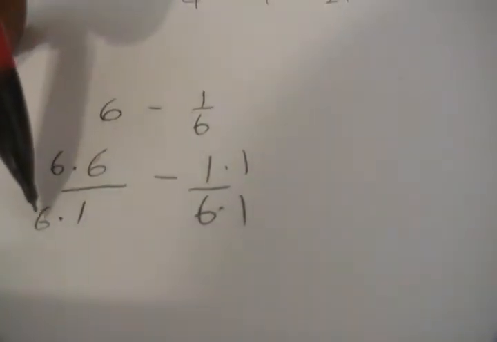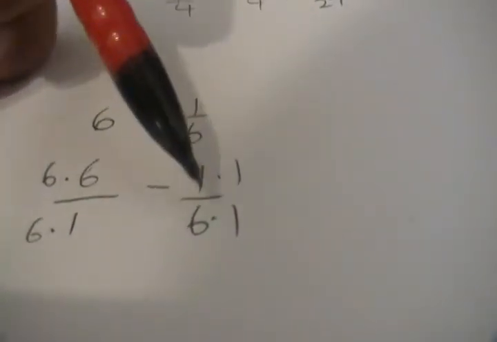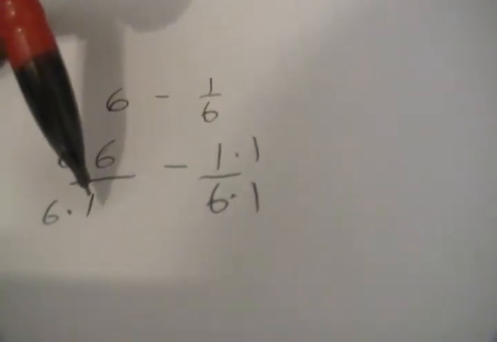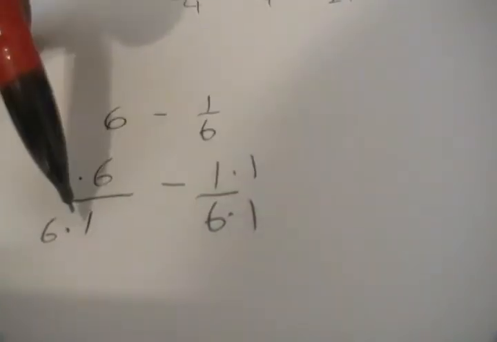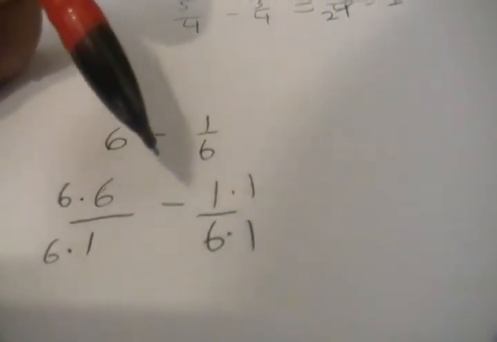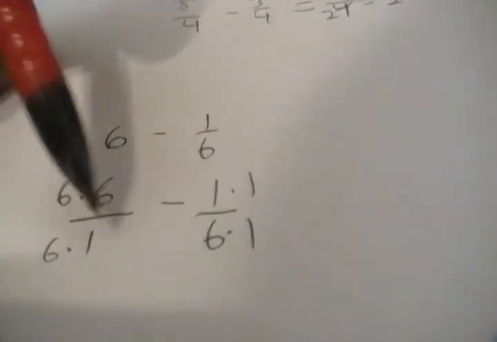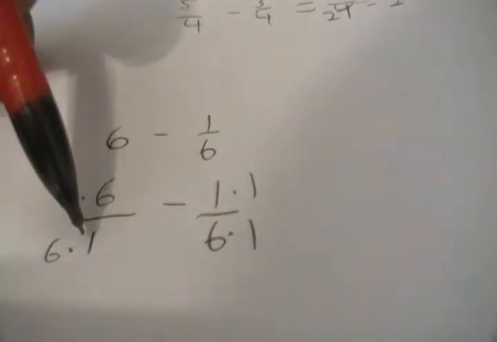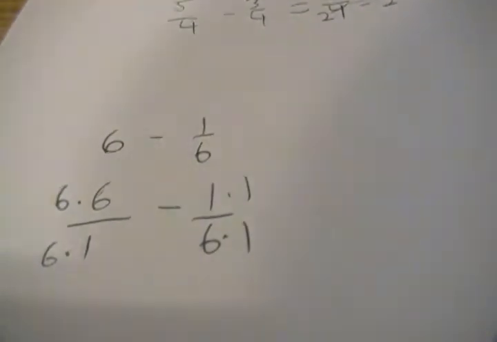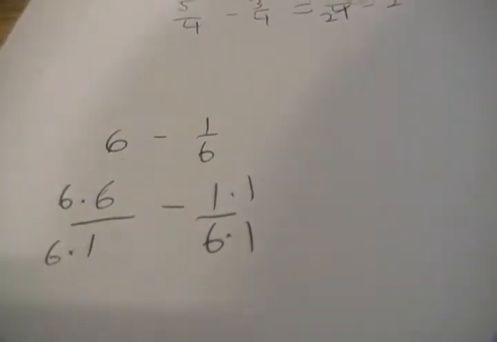Now, the reason why I multiply 6 here and 1 over here is that if you can't find another factor that goes with each other, all you do is multiply the denominator from this side to this side, and then this denominator to that side. That's the way you can get a common denominator. Okay?